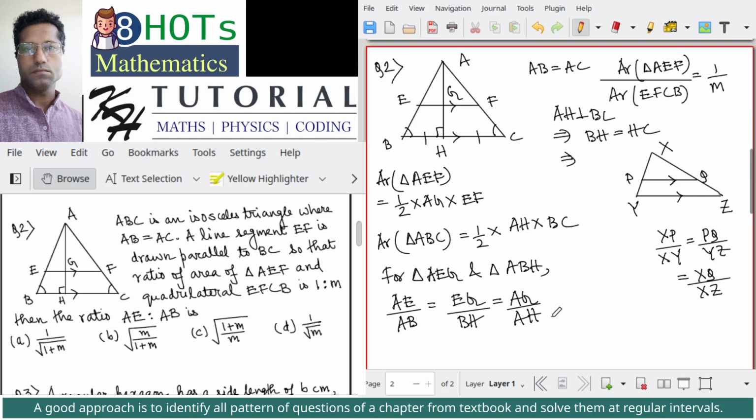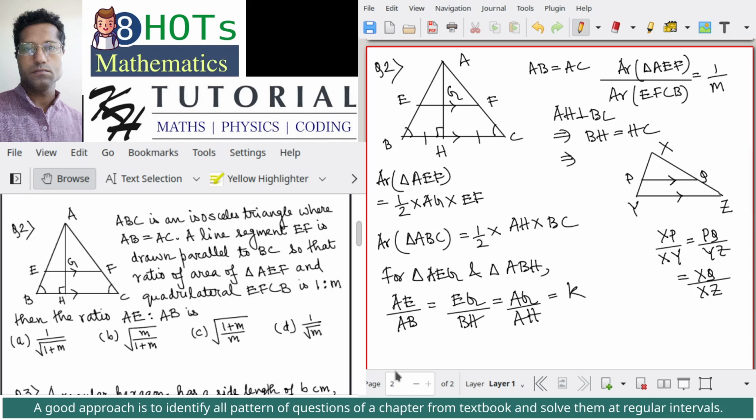And finally we have to find the ratio AE to AB. Since all these ratios are the same, let's consider this to be equal to k. Finally we have to find k.